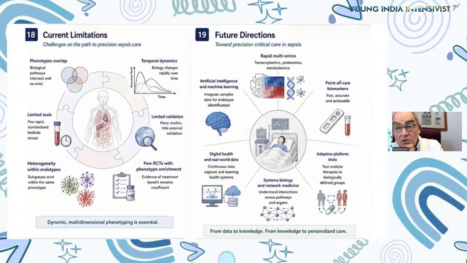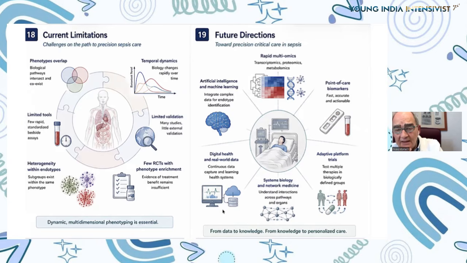Then we also have a number of potential point of care biomarkers on the horizon that can help us in this difficult task of identifying the syndrome and correcting promptly. Then we have a number of adaptive platform trials that, in very sophisticated ways, test multiple therapies in biologically defined groups.